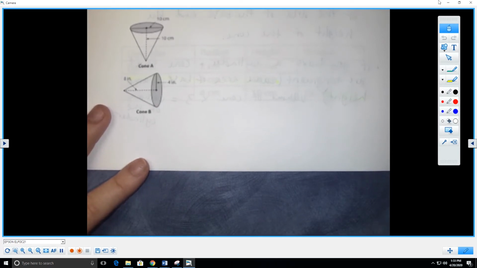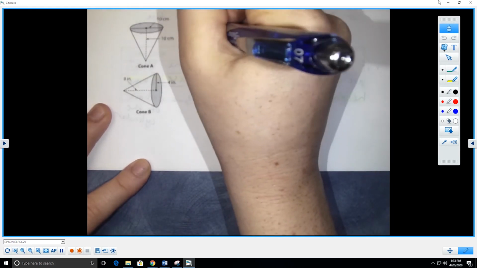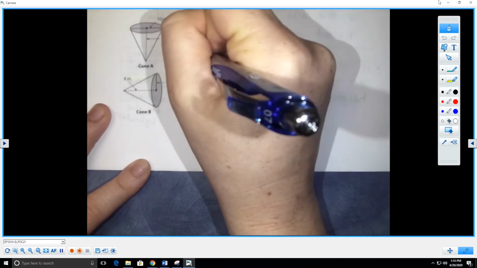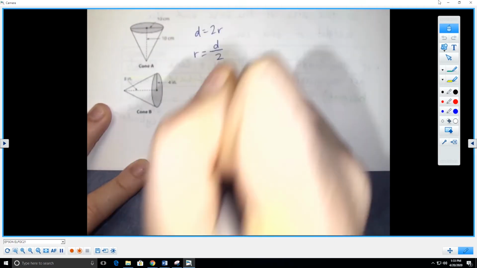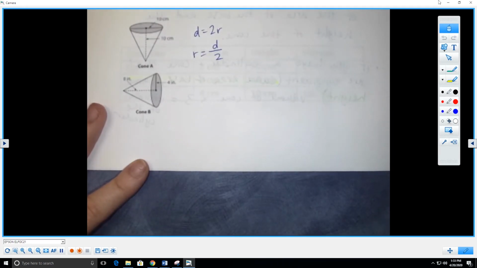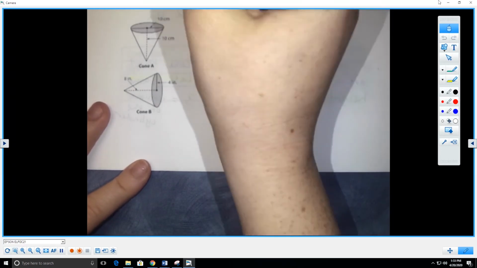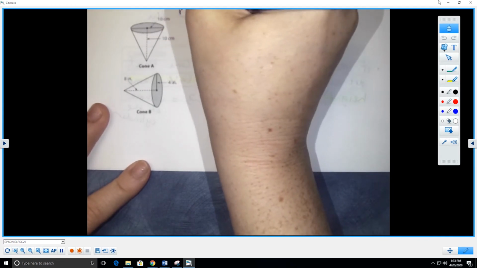Remember that the diameter is twice the radius. A simple formula shows this, that diameter equals 2r, or that radius is just diameter divided by 2. Knowing this, what is the radius of cone A? Yes, it is 5 centimeters.